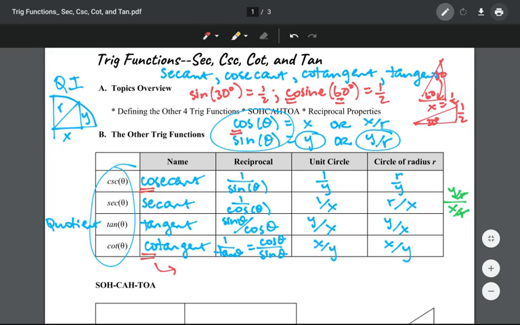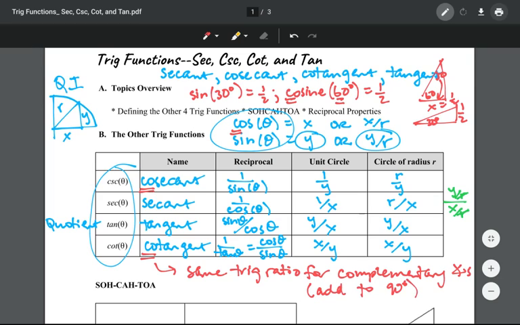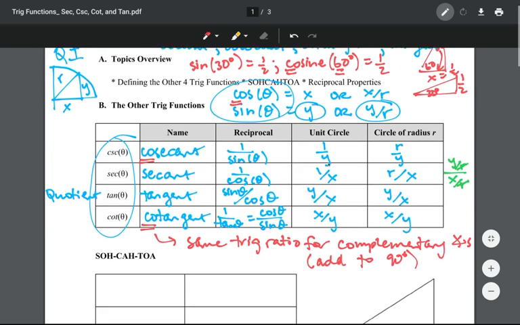The co means you get the same trig ratio or the same result for complementary angles. Complementary means that they add to 90 degrees.